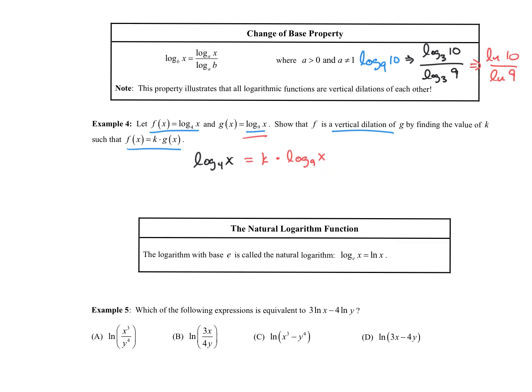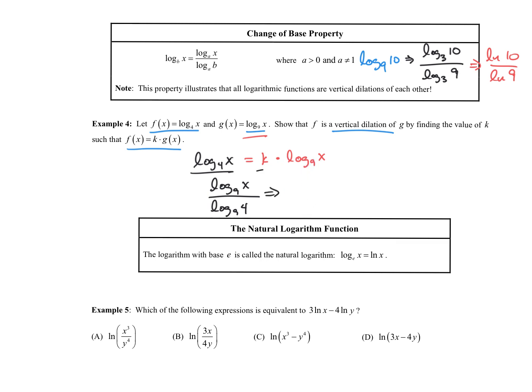This is how we do it. We're going to use a change of base, manipulating this one. Log base 4 of x is the same thing as log base 9 of x over log base 9 of 4. Do we see how we changed the base? We can call it any base we want, and we're just going to call it 9 here. So what is going to be k?